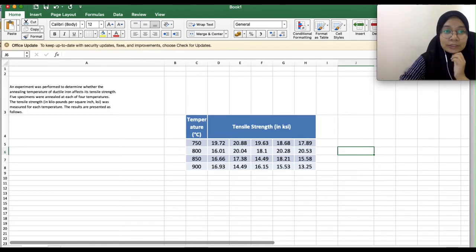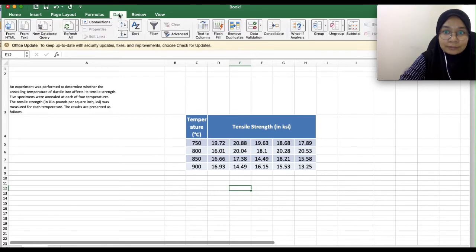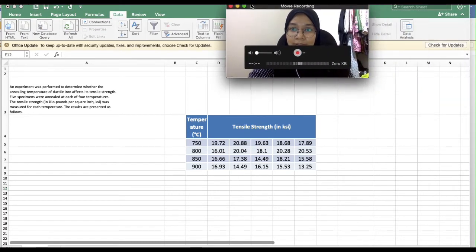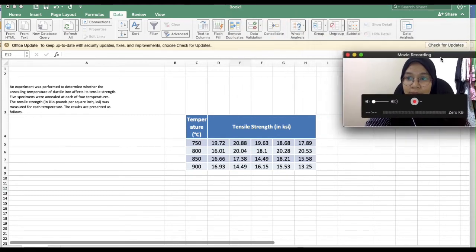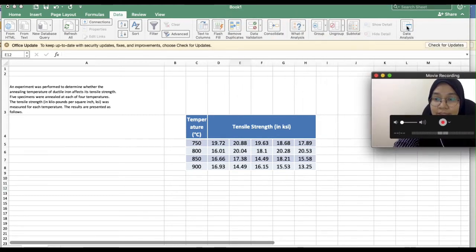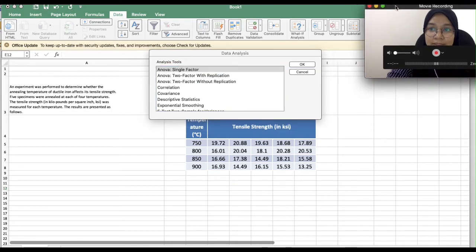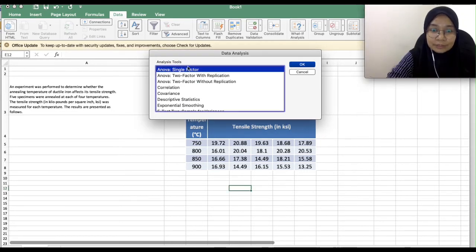Now we want to perform using Excel, the one-way ANOVA. So what you have to do is, after you insert the data here, and then you go to data, okay, and here you will have data analysis. So you click this data analysis. Okay, so when you click this data analysis, these windows will appear, and then you choose ANOVA single factor for one-way ANOVA, and then you click OK.